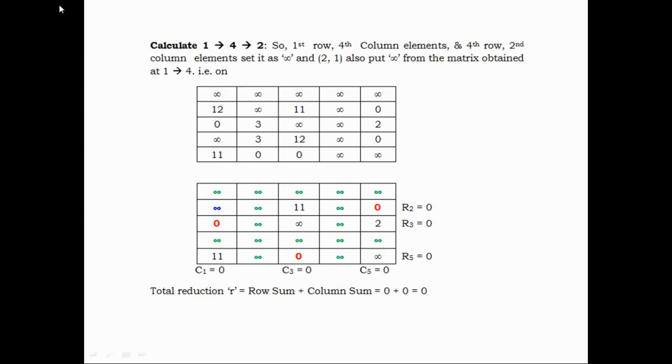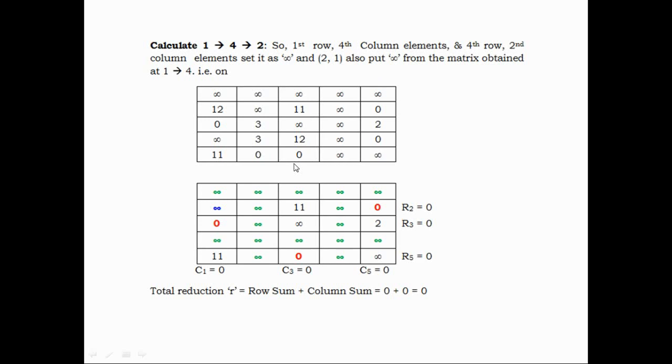Calculate 1 to 4 to 2. That is, first row and fourth column elements and fourth row and second column elements, set as infinity, and 2, 1 also put infinity. From the matrix obtained at 1 to 4, that is this matrix.